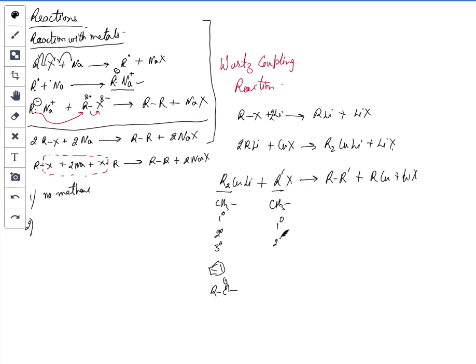If you have 2 degree, 3 degree, you are going to get alkene. It would be an elimination reaction. If you have benzene, then it's no reaction.